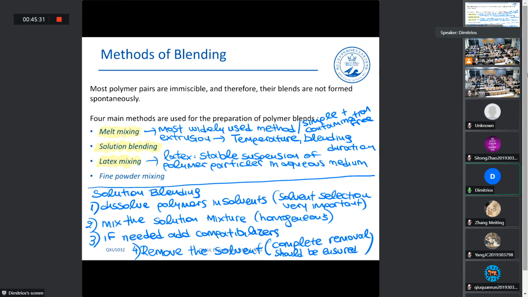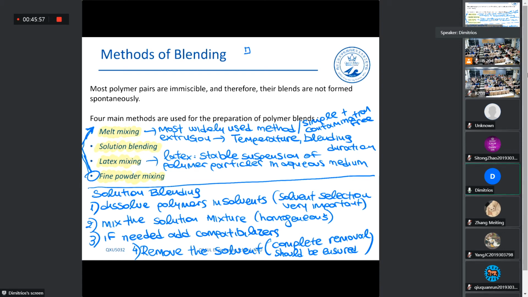And finally, we have the fine powder mixing, which is essentially an adaptation of the melt mixing. So essentially, it doesn't have significant differences with melt mixing. The only difference is that before blending the two polymers, we don't use them in a form of polymers, but in a form of pellets.